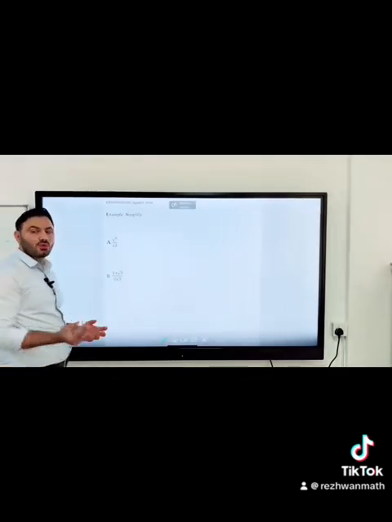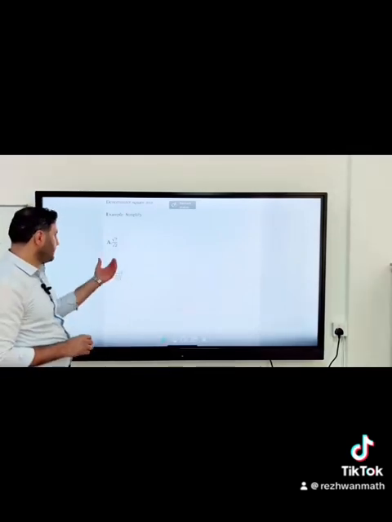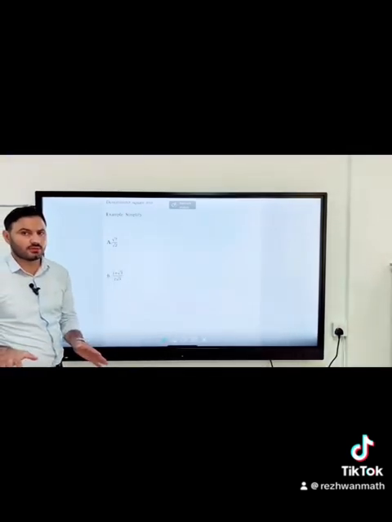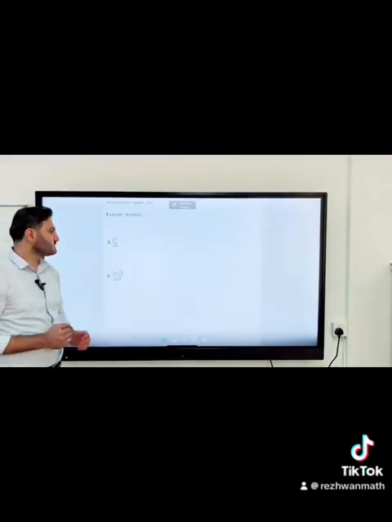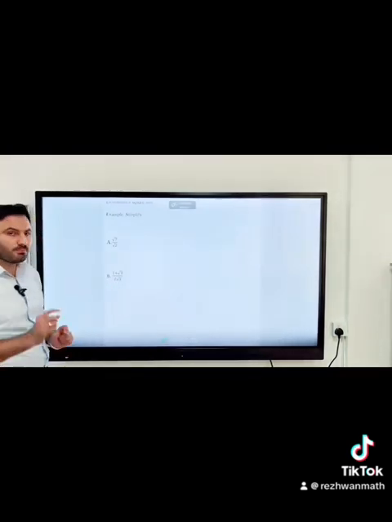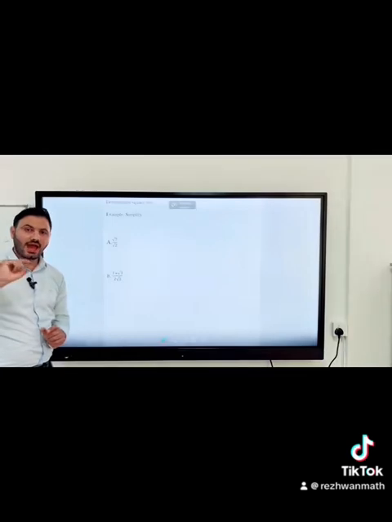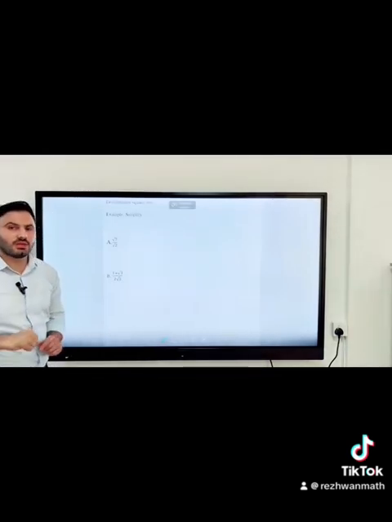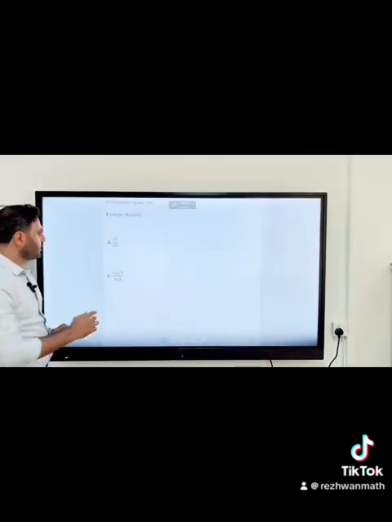If we have a square root in the denominator, it's not allowed, so you have to cancel the square root at the denominator. How? You have to multiply both the denominator and numerator by the square root of the denominator.